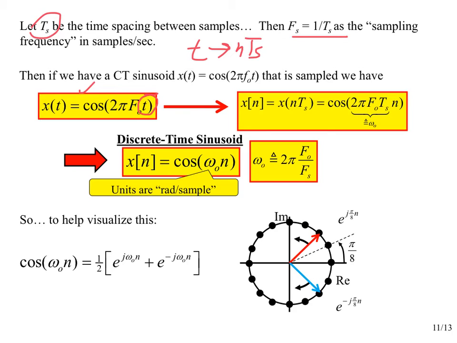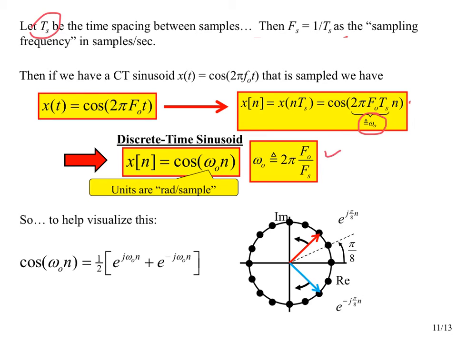If we replace t by this quantity, we end up with the nTs right there. Now if we look at this more carefully, we can group the other stuff and leave the n by itself, in which case we can define that new thing as some omega 0. That will be some discrete time frequency.